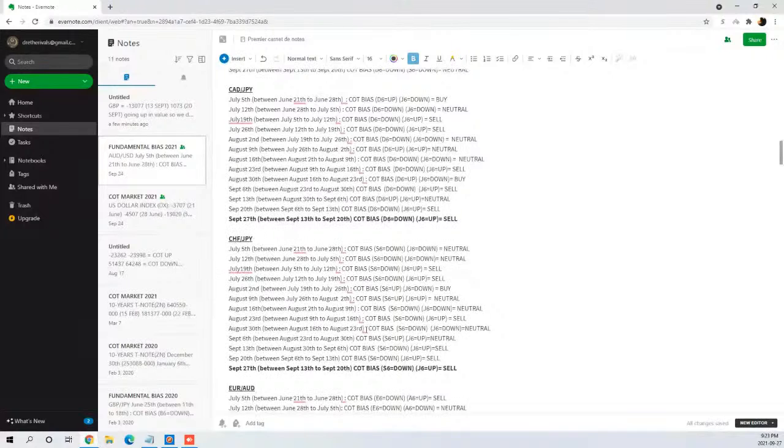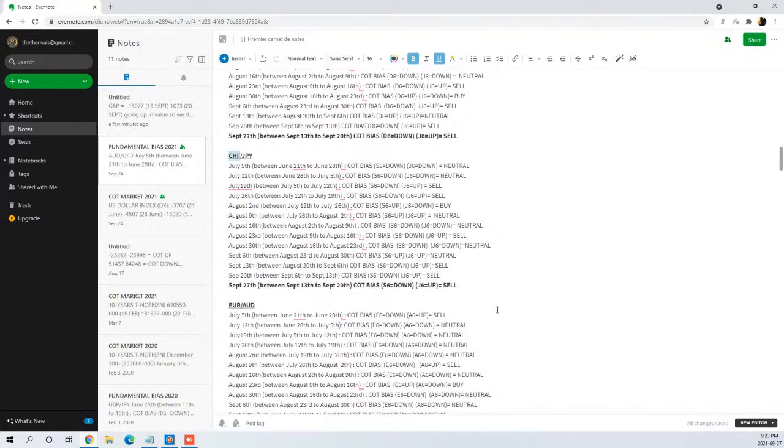CHF JPY, same thing. The Swiss franc is going down and JPY is going up. So we have it as a sell because the Swiss franc is on the left side. This is a dominant currency. Everything on the left side is the dominant currency. That's what you're trading compared to another one, right?